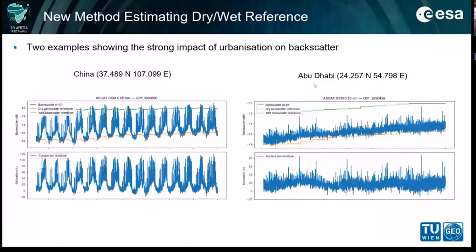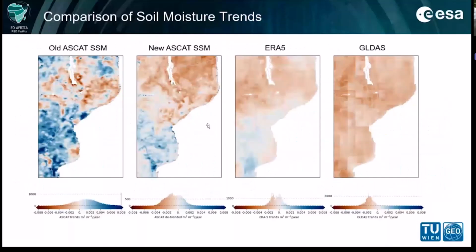This is the case of Abu Dhabi, and a similar case here for China, where we've seen a sprawl of urban environments. If we then also looked into Africa, we observed it's not necessarily just urban sprawl that can cause these changes, but also long-term vegetation changes that push backscatter up and down.